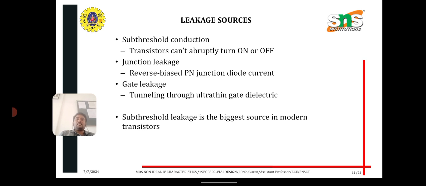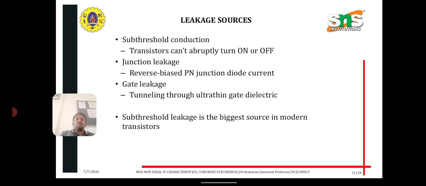These leakage currents can significantly affect the performance and power consumption of MOS circuits, especially in low power, high density applications. Here are some of the leakages: subthreshold conduction, where the transistor can't appropriately turn on or turn off; another leakage is junction leakage; and the third one is gate leakage. Subthreshold leakage is the biggest source in modern transistors.